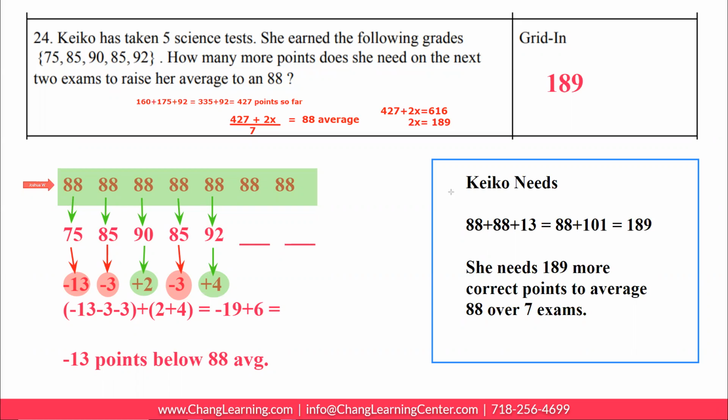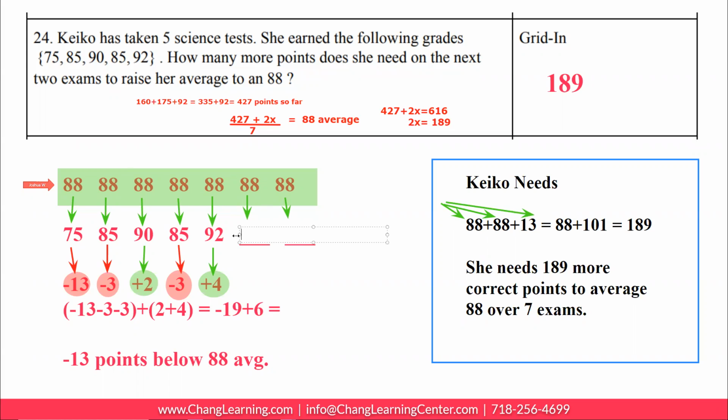So that means that when she takes her next 2 tests, if she wants to earn enough points to get her average, she wants these tests to be 88s plus 13 points distributed however. So that would be 88 plus 13, or 189 points altogether, would rebalance it so that on the average, it's 88. It could be 100 on one test and 89 on the other test.